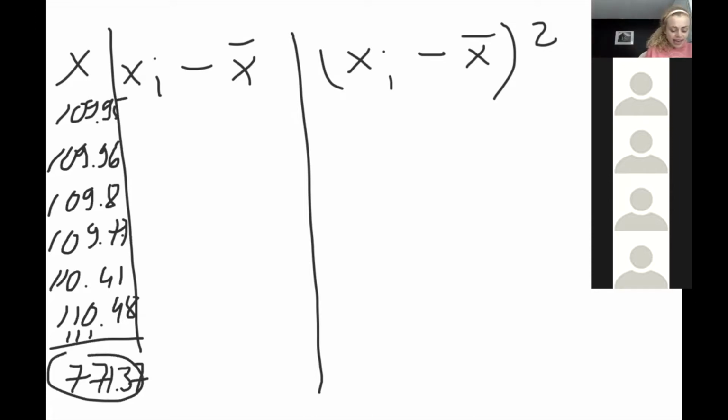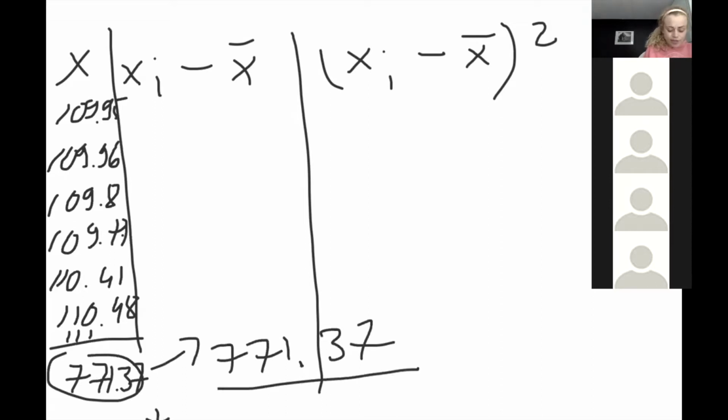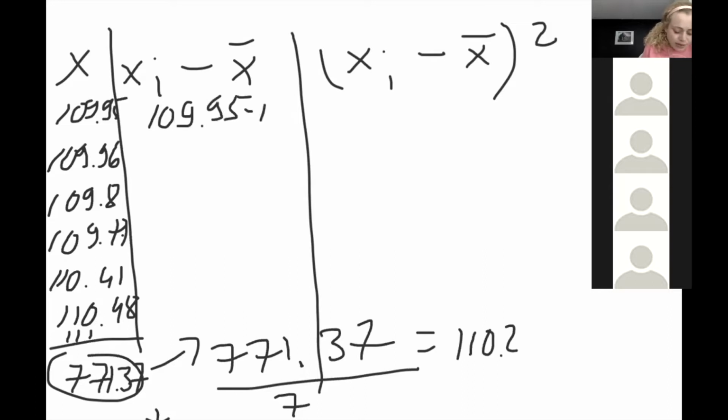771.37. And then you take this 771.37 and divide it by the number of observations, so 7. And then you should get that the mean will be 110.2. So then the deviation from the mean will be 109.95 minus 110.2. So then you do the same with all the values.